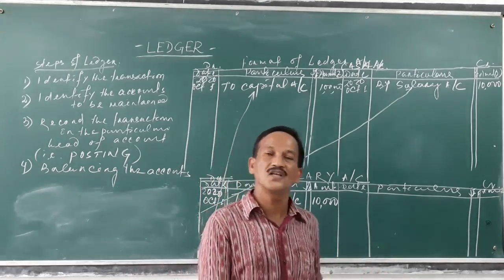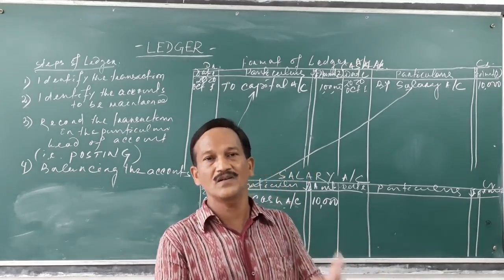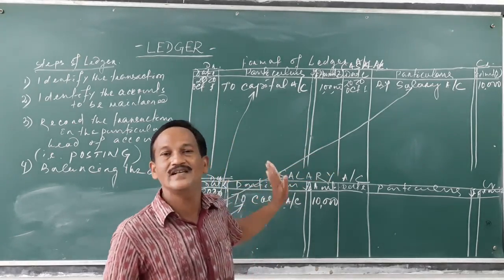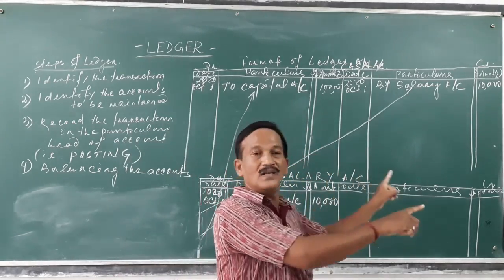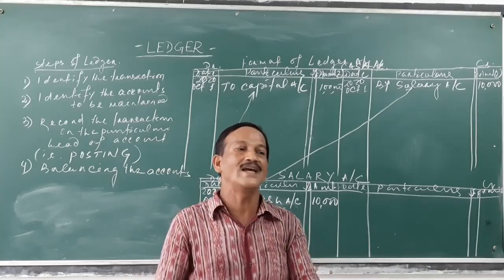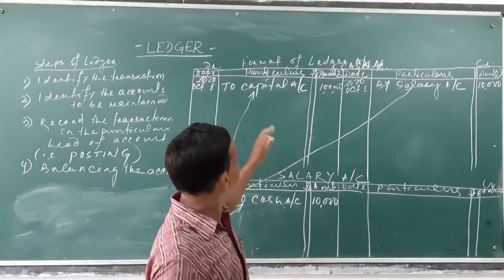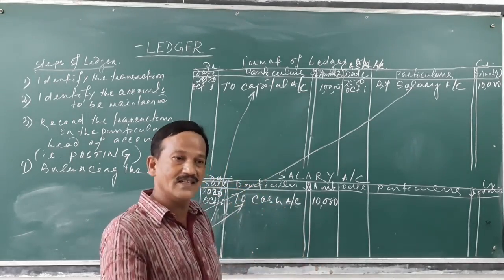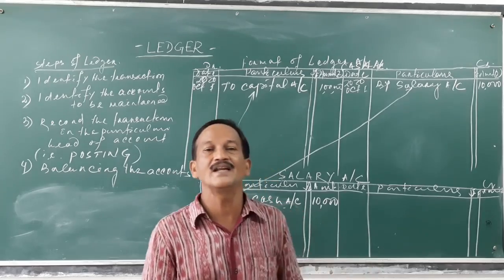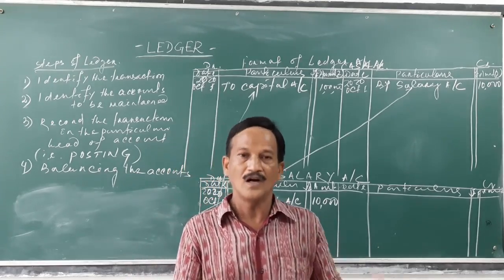To know these, we need balancing of the ledger accounts. Without balancing of ledger accounts, we cannot prepare the trial balance and financial statements, because the ledger is the basis. That's why it is called the principal book of entry, and the journal is the secondary book of entry.